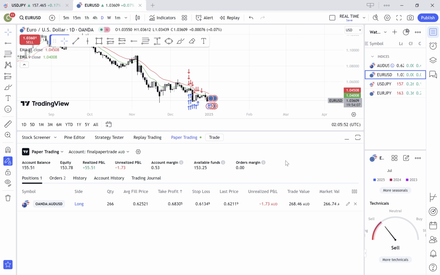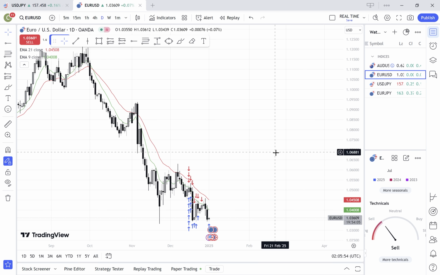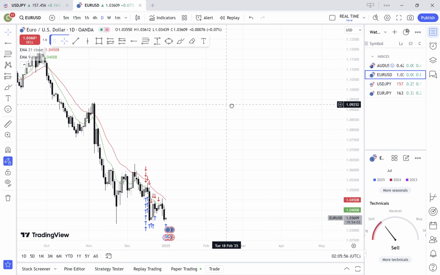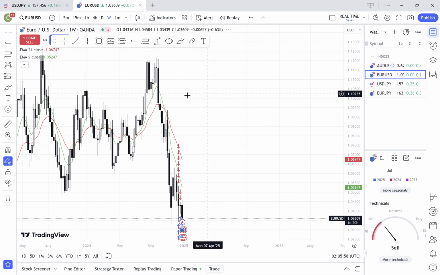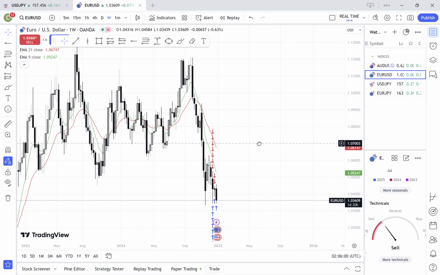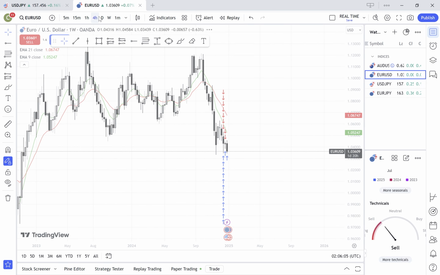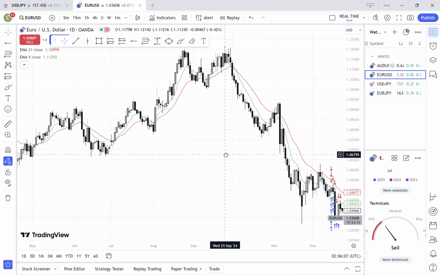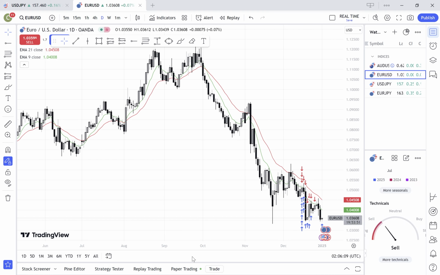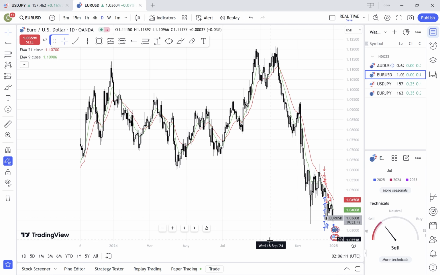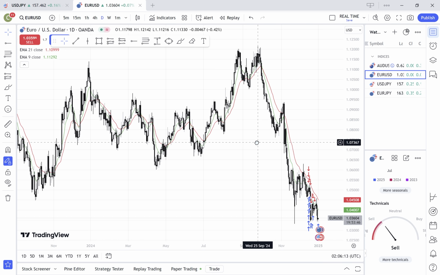So our account balance is at 155.51, which is pretty good. Let's look at some more time frames. Over the weekly time frame, the price seems to be going down. The daily time frame, the price seems to be going down, but again, let's zoom out. So yeah, it's going down.